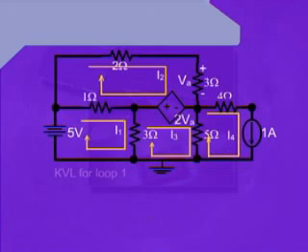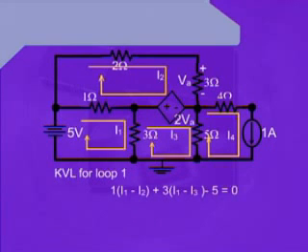Writing the KVL equation for loop number 1, we can write 1 into I1 minus I2. This is starting from the 1 ohm resistance, and because the 1 ohm resistance is being shared between mesh number 1 and 2, in order to calculate the net current flowing through it, we have written I1 minus I2.